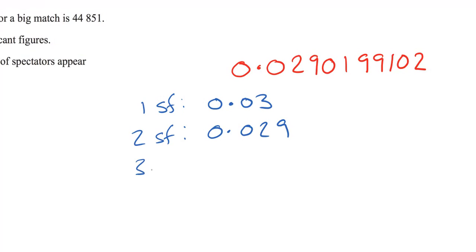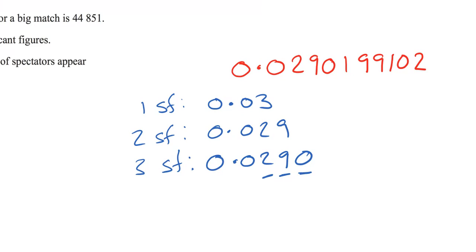Okay, now, this is where it gets a little complicated. So if I wanted this number to 3 significant figures, that's going to be 0.0290, and we're going to have to write a 0. We're just going to have to write it because nothing else makes sense. And even though it is a 0, it is defined to be one of my significant figures, and that's why we don't put extra zeros on the end, because in this case, it really does matter.